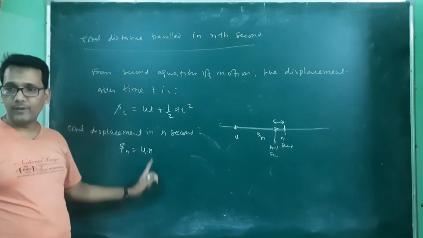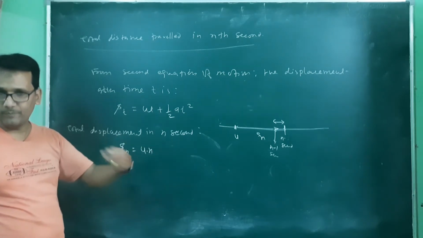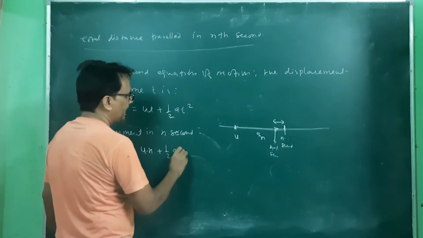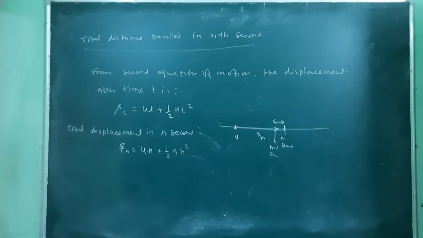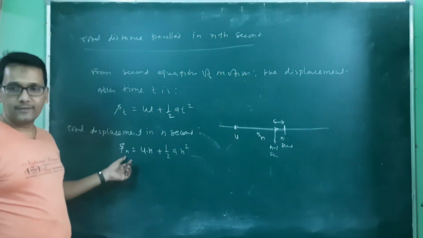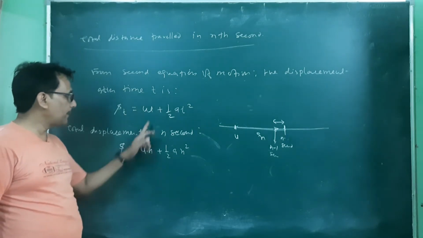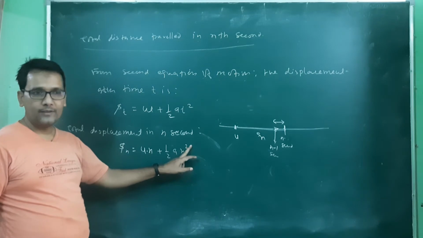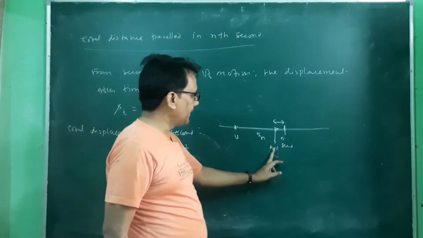In place of t we will use n second, 15 second, 20 second, plus half a n square. So in n second the total displacement is u, in place of t we are putting n, plus half a n square, and then n minus 1 second here.